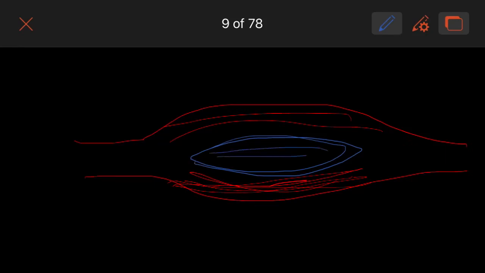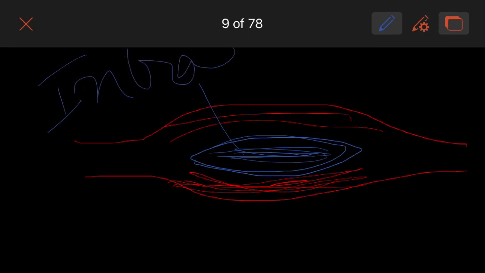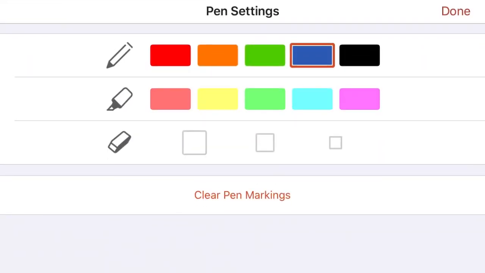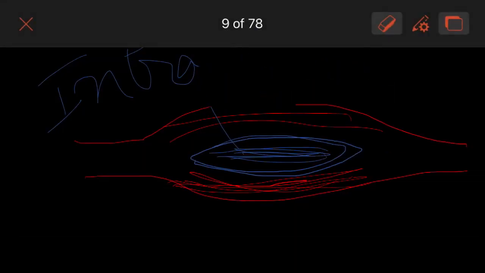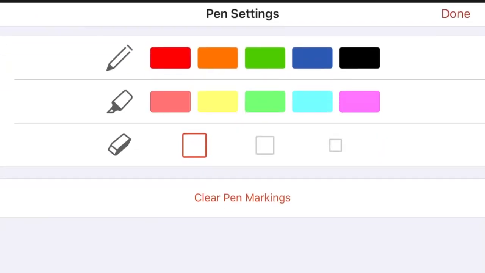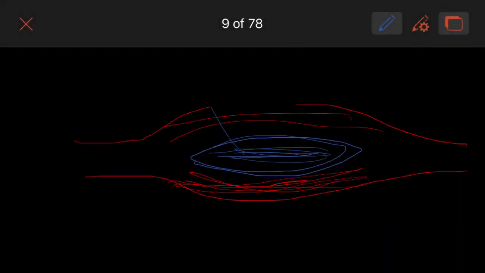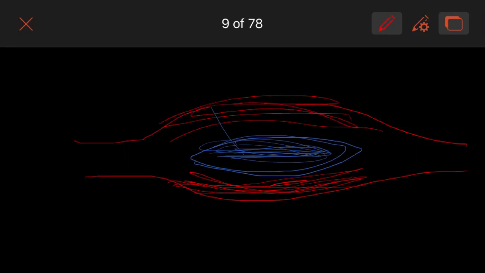Now, these blue ones are inside, innermost, so they are called intrafusal fibers. The blue one, they are the intrafusal fibers, and these red ones are the extrafusal fibers.